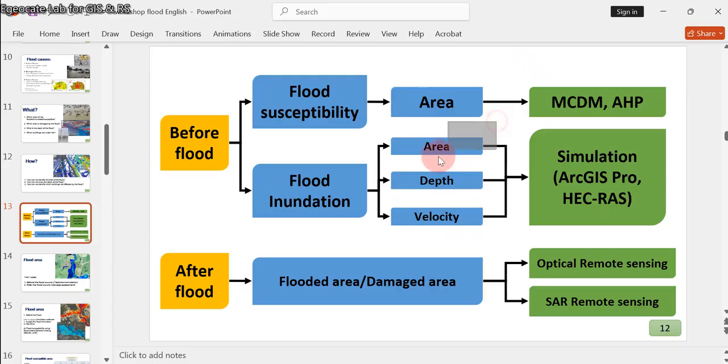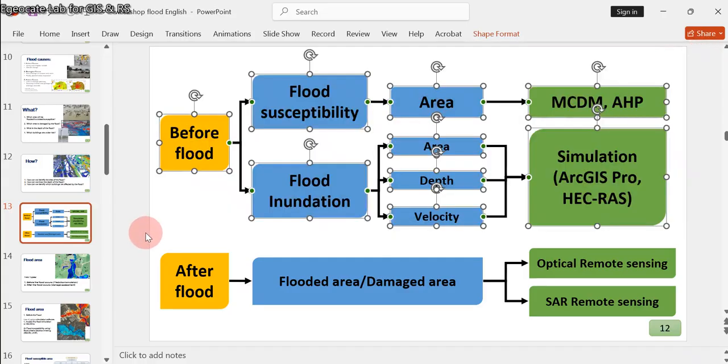So by answering these three questions, we can identify flood inundated areas very accurately by using flood simulation techniques. For example, ArcGIS Pro, which has a flood simulation, or HEC-RAS, or other hydrodynamic or simulation techniques. So all these are predictions for the future floods.